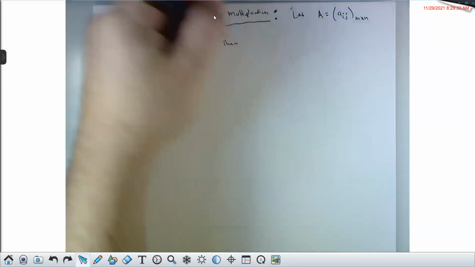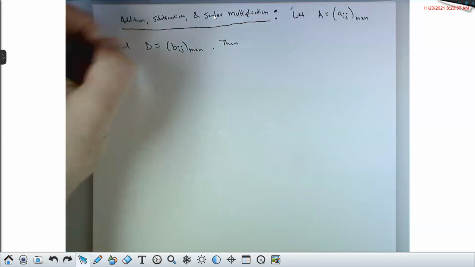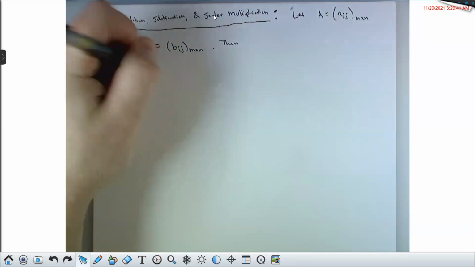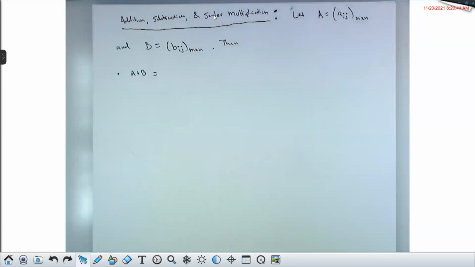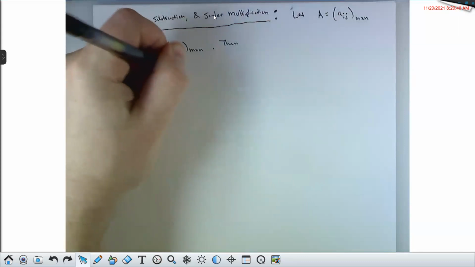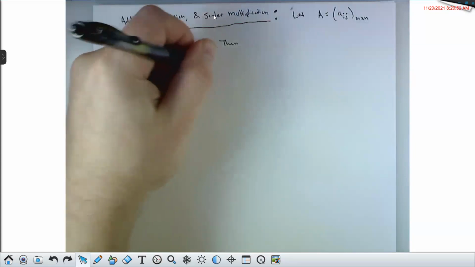Then A plus B is going to be a new m by n matrix whose ijth entry is the ijth entry of A plus the ijth entry of B.